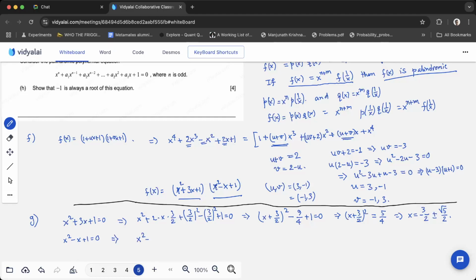Here also you can complete the square. The square term becomes (x minus 1/2) whole squared minus 1/4 plus 1 equals 0.